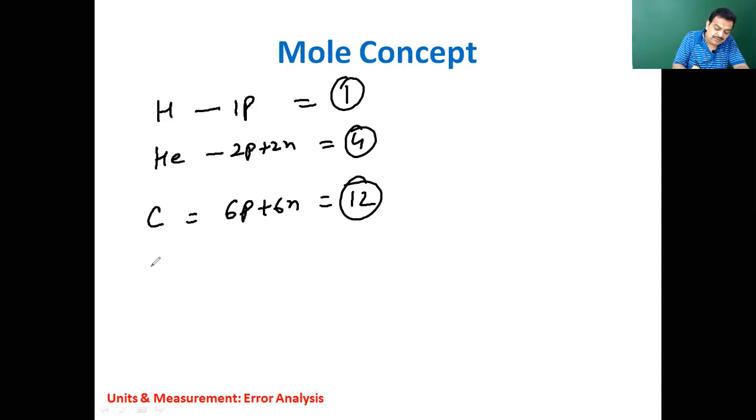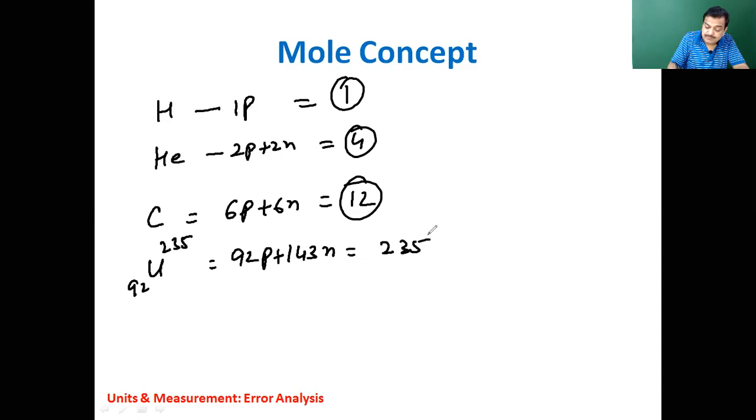And if you take uranium 92 U 235, so 92 protons and 143 neutrons will make 235 mass. Now look beta, the atoms have different mass.